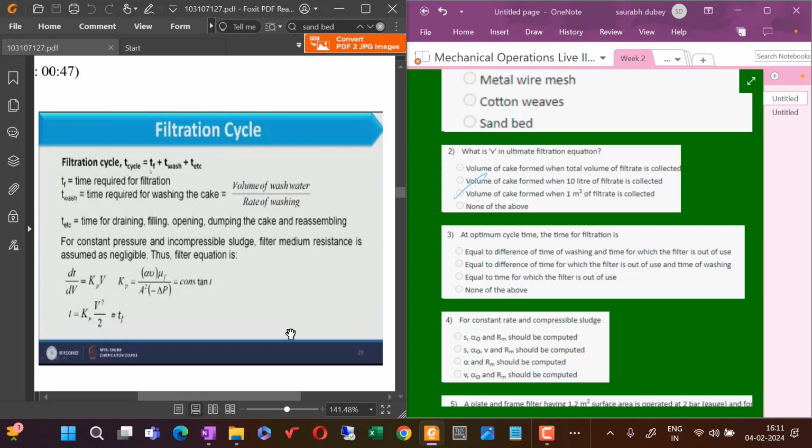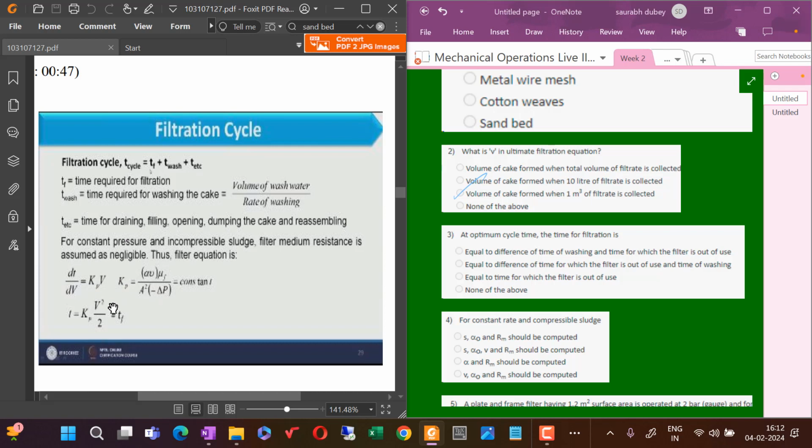So for this T filtration, when you are assuming constant pressure and incompressible sludge, with filter medium resistance negligible, in that case dt by dv equals Kp by v, and there will not be a constant term coming up because this Rm term will be zero.